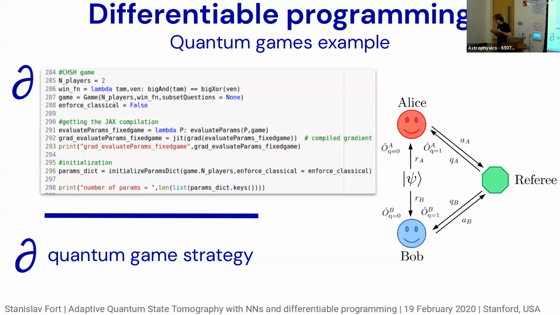You can sit down and think about it and write down the strategy that maximizes the probability of winning. But you can also learn it. So I wrote a program that searches through the space of strategies of these games and learns the optimal quantum strategies leading to the maximum probability of winning for these Alice, Bob, referee triplets.